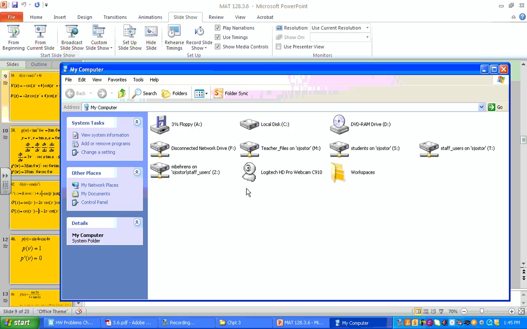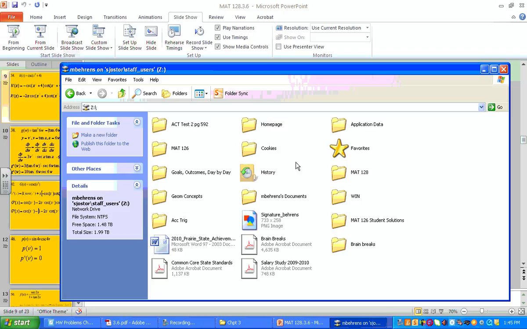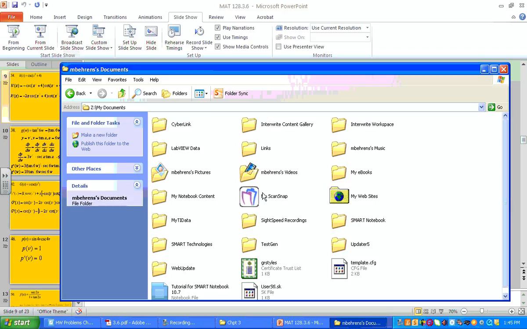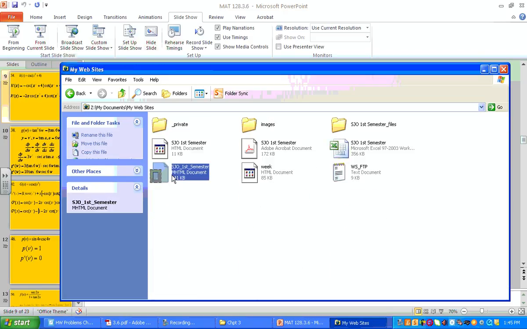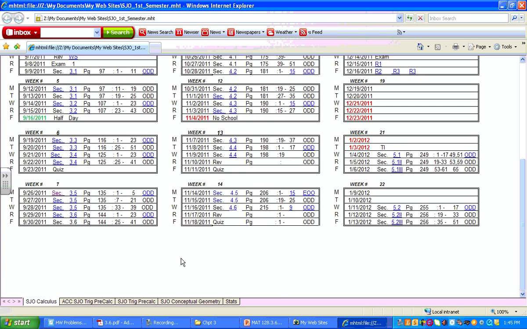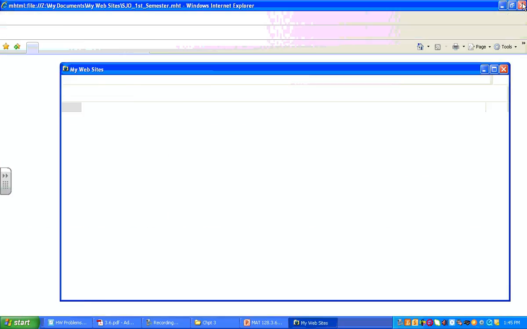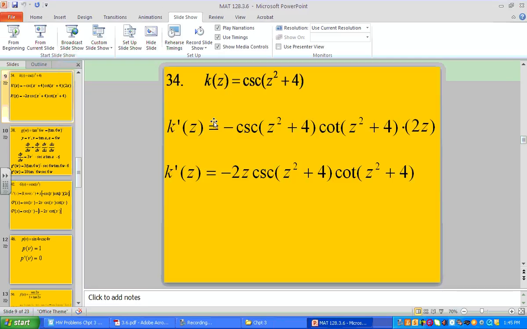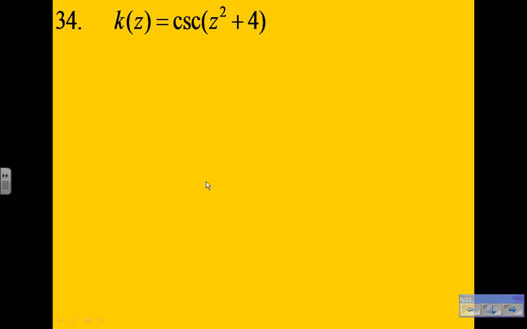Let's get through 41 today. So we're almost there. A couple more, and then we're there.